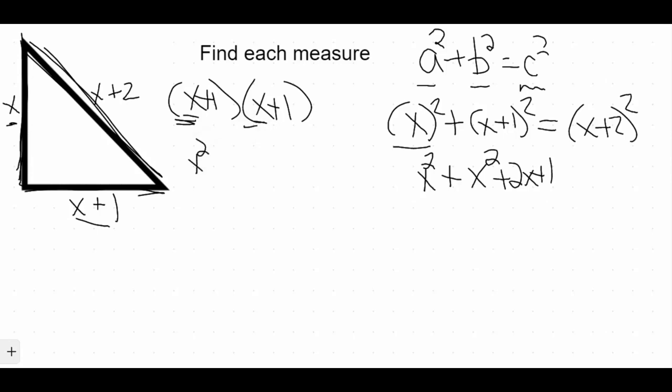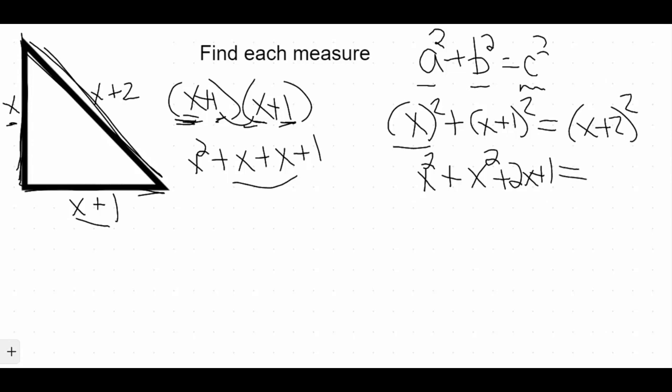O stands for outside, so that's 1 times the x, which gives us 1x. Inside also gives us 1x, and then last is 1 times 1, which is 1. Combine those two middle terms and we have x squared plus 2x plus 1. If you need to practice this multiplication, look up one of my videos on multiplying polynomials.